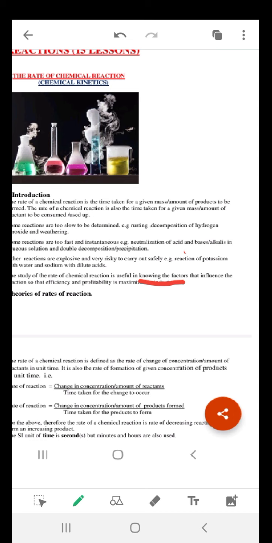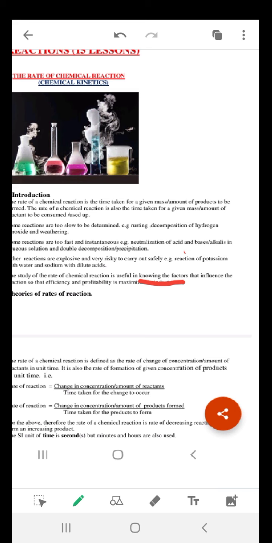Then there are some other chemical reactions that you cannot experiment with. They are very explosive. Examples are the reactions between potassium and water, and also the reaction between sodium and water, or sodium with some dilute acid, especially concentrated sulfuric acid.